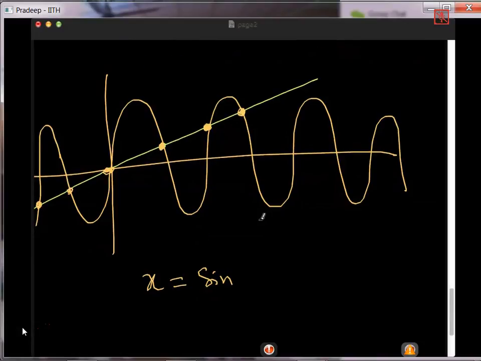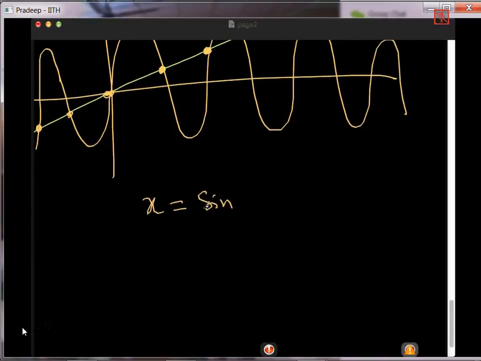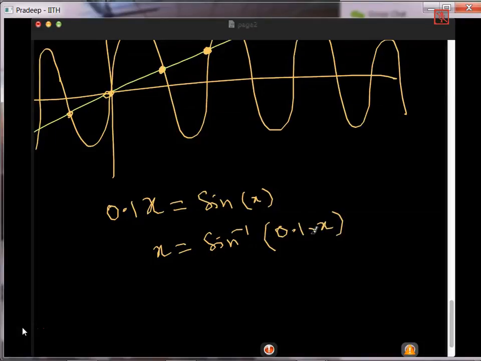So let's try one more thing. So 0.1 sine x, then x is sine inverse of 0.1 x. So let's try this problem. So x is sine inverse, I am writing it the other way. So hopefully at least that will work.